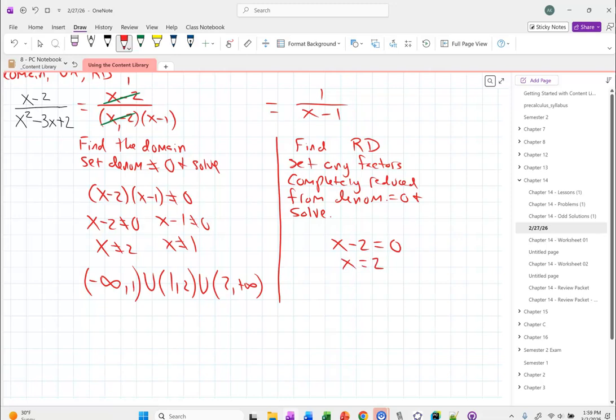Now, this needs to be a point. The removable discontinuity is a point. So we have its x-coordinate. The x-coordinate is 2. How do I find its y-coordinate? Substitution. Plug it back into the reduced function. It's 1.